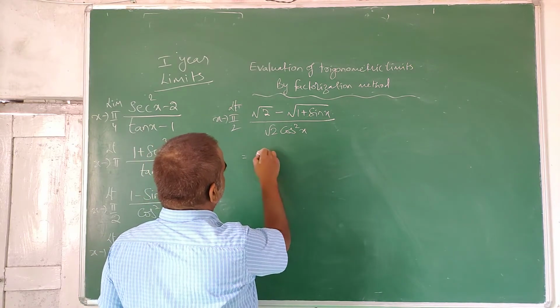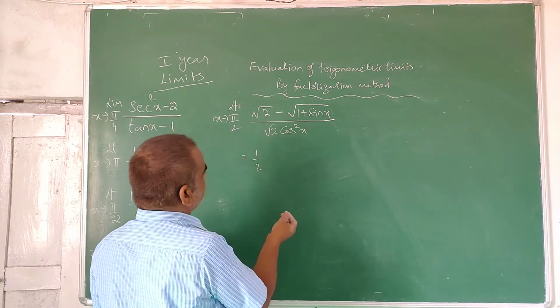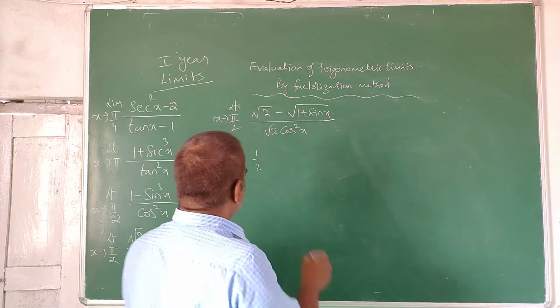Take this 1 by root 2, which has got nothing to do with it, it is a constant. You write it outside.